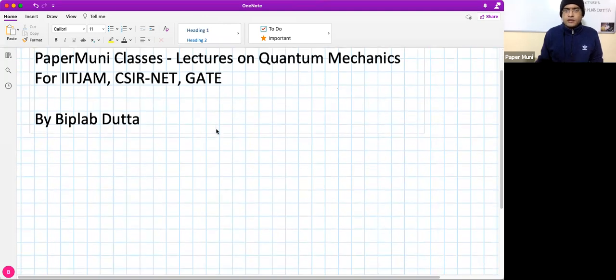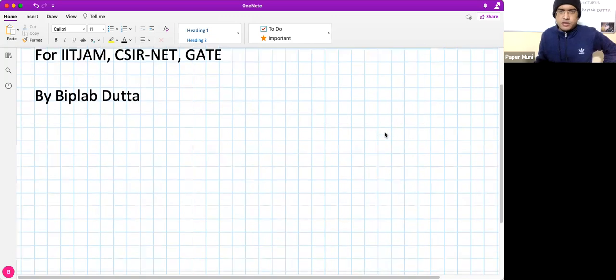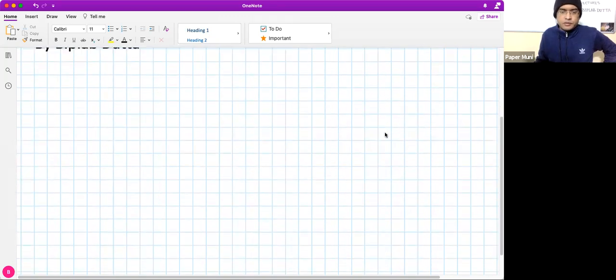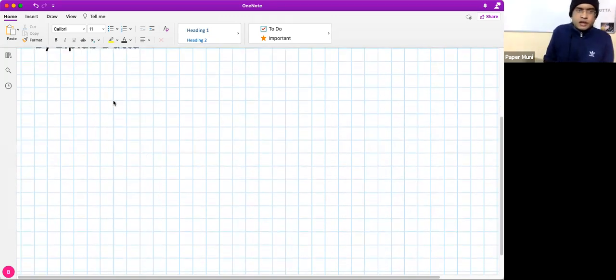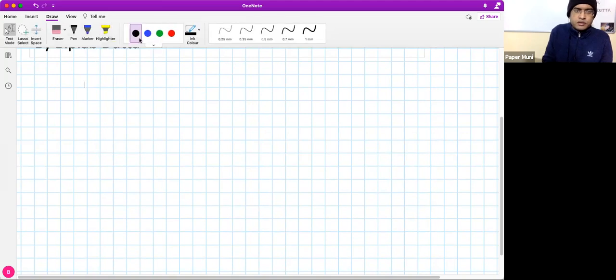So we had discussed in the previous lecture. We started discussing the quantum mechanical step potential, and we'll take it further today. This is continued from the previous lecture. So we have this step potential, which we have been discussing so far.